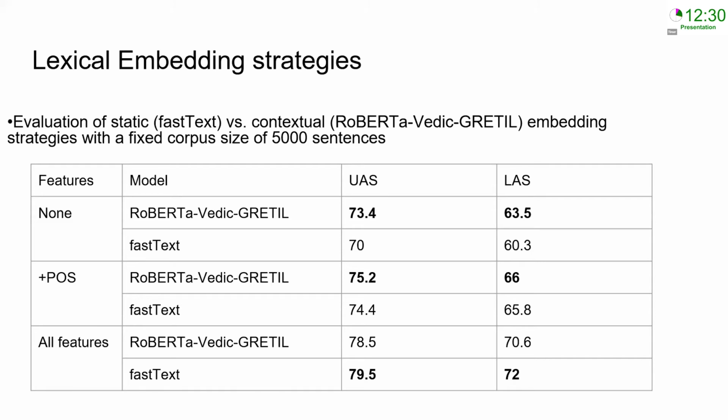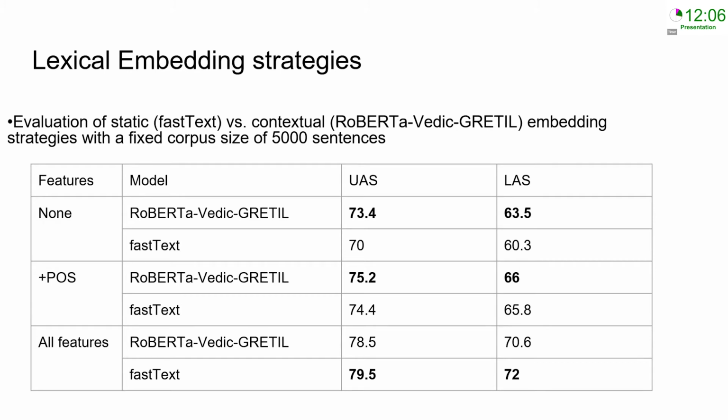In the case we have only a part of speech tag available from the Universal Dependencies, we see that the margin between the two models is getting smaller, but it's still better performance on the side of the contextual models. And if we have all linguistic features that we included in our model available, the static fast text model is actually performing better than the contextual model.